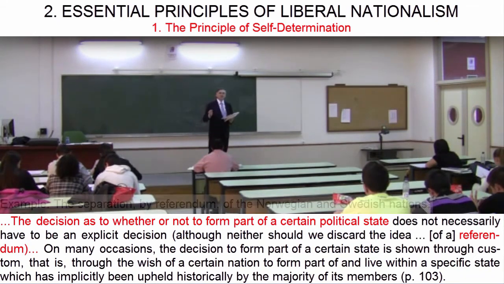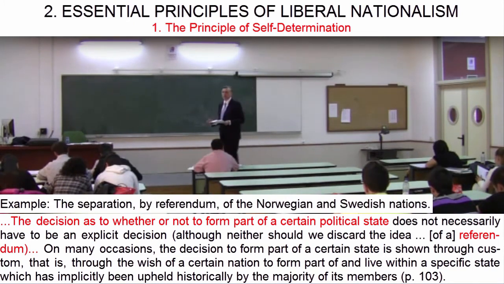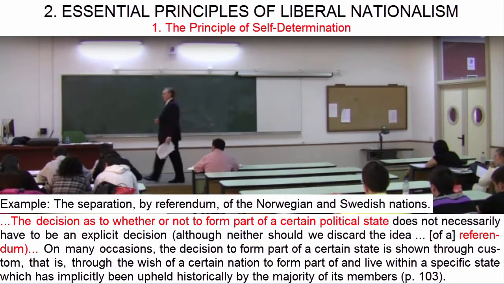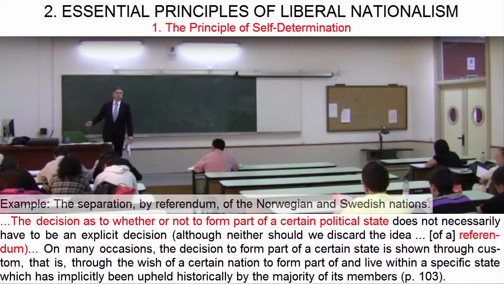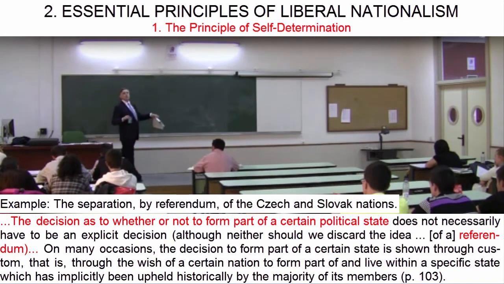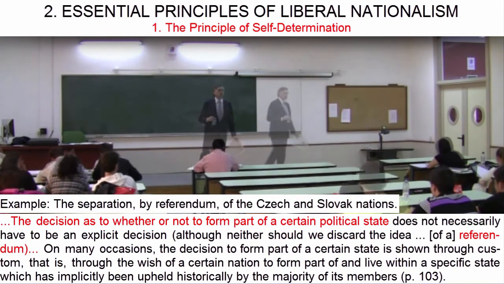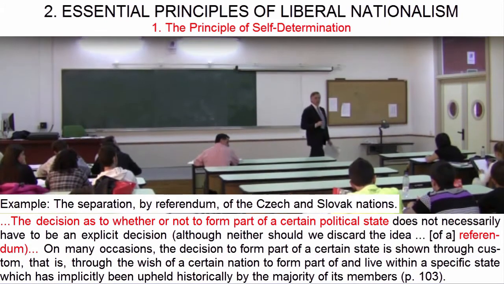One instance that comes to mind is the peaceful separation of Norway and Sweden. This took place at the beginning of the 20th century, in the first decade. Another more recent example is the referendum which led to the separation of the Czech and Slovak nations. Czechoslovakia was one state, and as the result of a referendum, it split into 2.